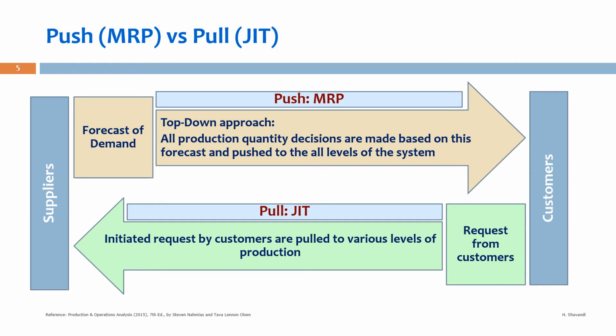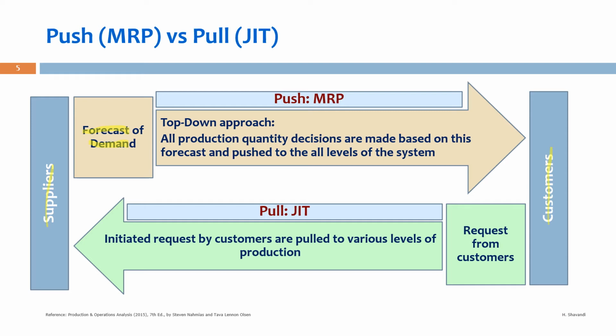So as you see here, we have two sides, suppliers and customers. So in the push or MRP system, the manufacturer will have a forecast on demand, and then based on that will supply the parts and material from the suppliers, and then will produce items, and then will push the departments, I mean the marketing and sales department, to sell the produced items.